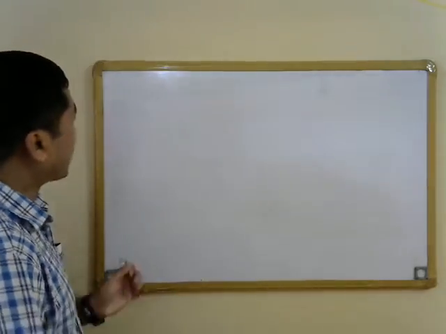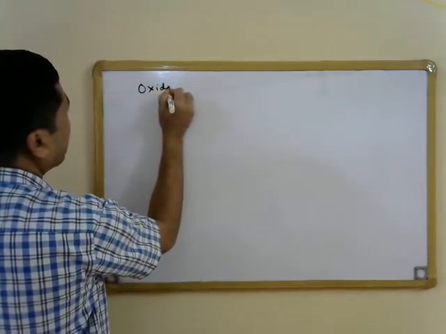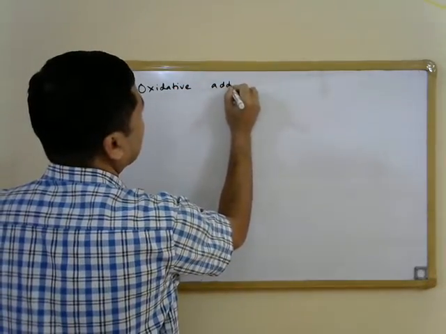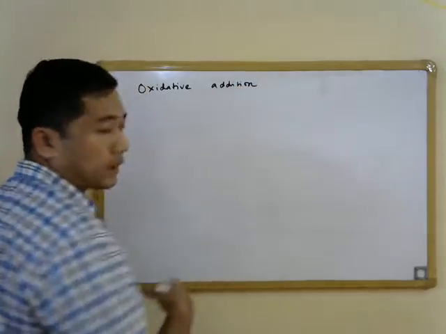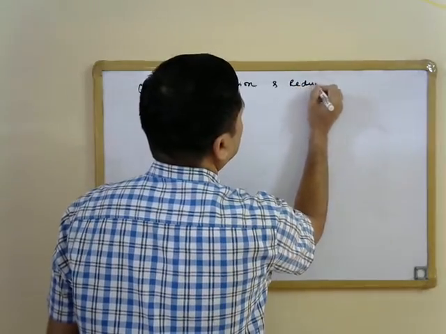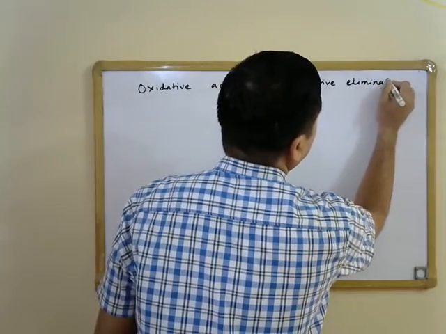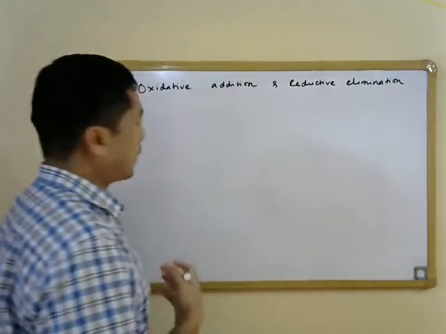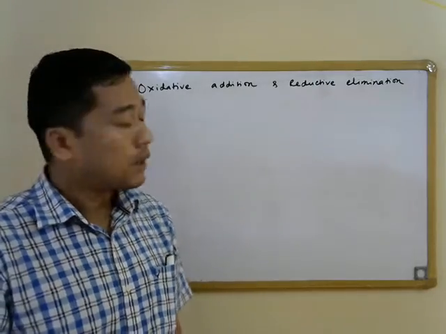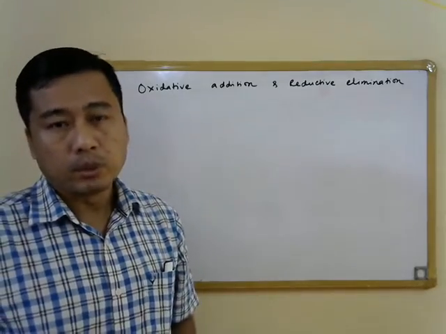This class of reaction is known as oxidative addition, and there is a related reaction which is known as reductive elimination. We may have already discussed these types of reaction in earlier lectures, but here we will discuss these reactions in more detail.